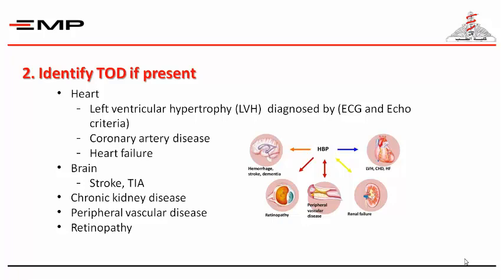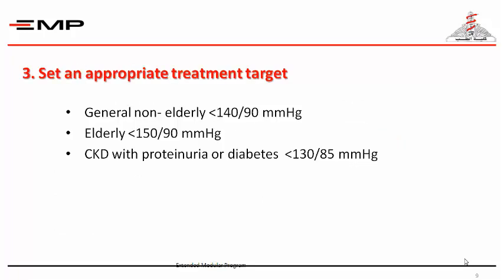If the brain is damaged, we will ask about stroke, transient ischemic attacks. If the patient has chronic kidney disease or peripheral vascular disease or any degree of hypertensive retinopathy. So these are the organs we are looking for to exclude target organ damage.